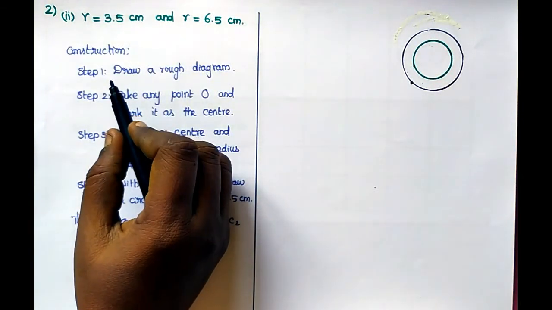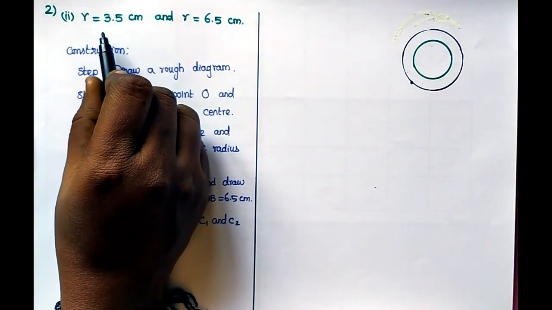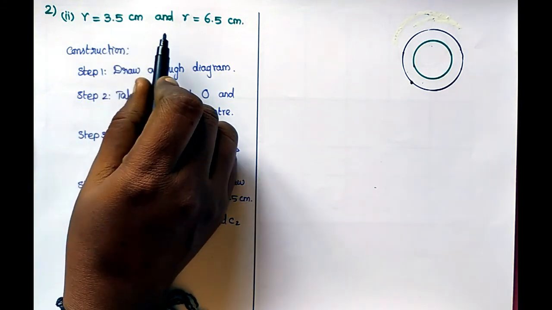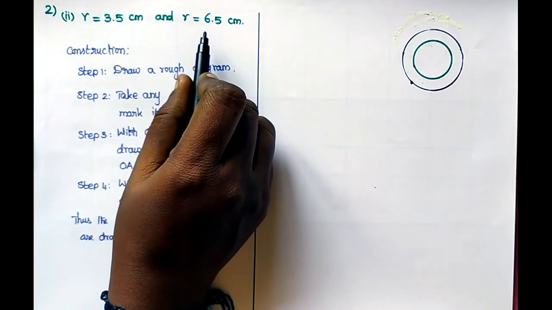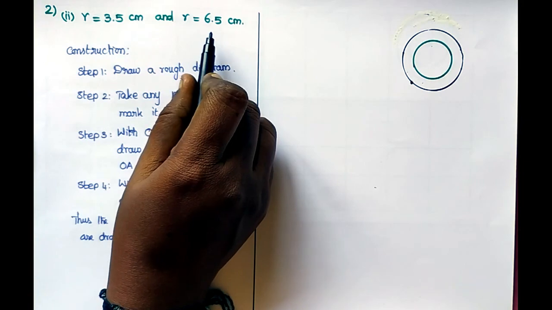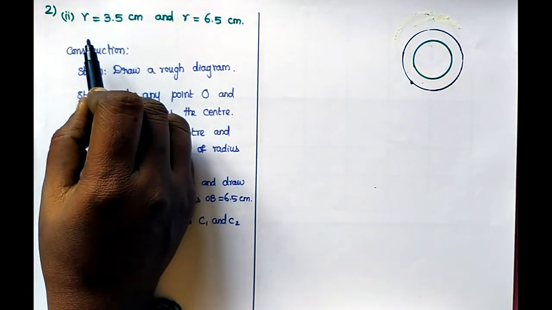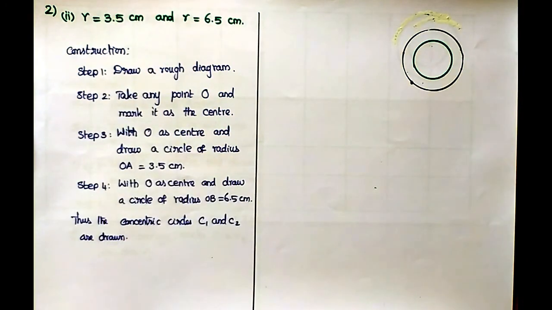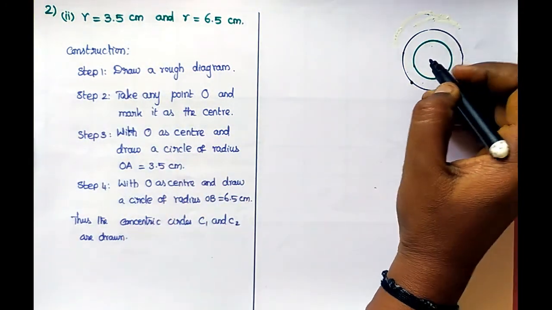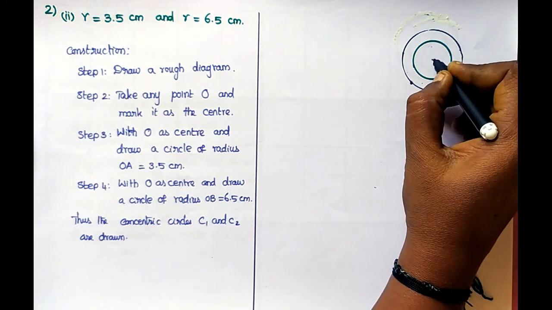Now second sum, second subdivision, R equal to 3.5 centimeter and R equal to 6.5 centimeter. They given two radii. First, as usual, draw the rough diagram.